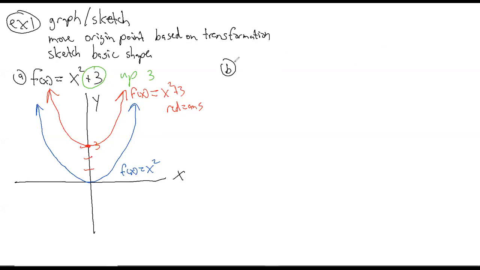B. Let's go with f of x equals, how about the square root of x minus 5? So again, the square root of x here is what I would call the core function. Is there a benefit to doing both? I would say yes, when there is a lot more going on.